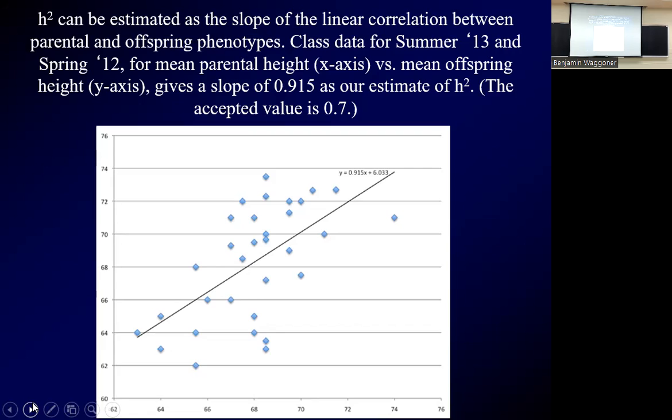And I've added nearly 10 years of data since then, and I think it is closer to 0.7. I've got a much, much bigger data set than this. And of course, it's going to get even bigger yet once we've added your numbers to it. But I've got data on something like 150 people now. And I think the slope is closer to 0.7, but this is how we estimate narrow sense heritability. It's the slope of the linear correlation between mean parental and mean offspring phenotypes.